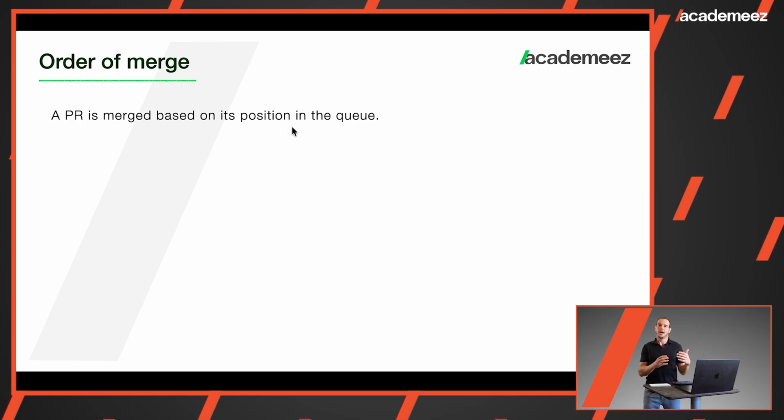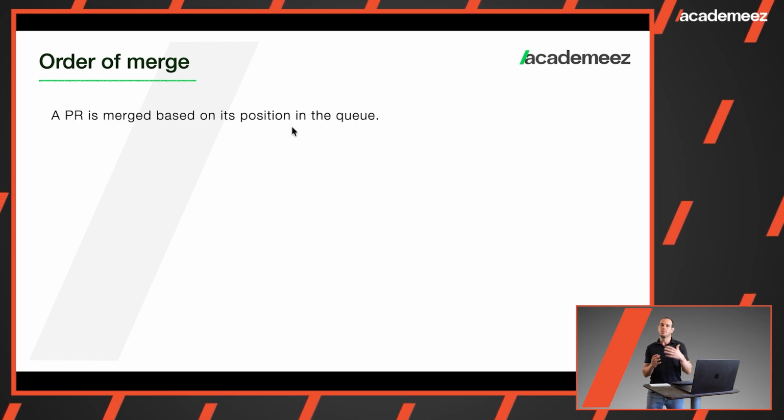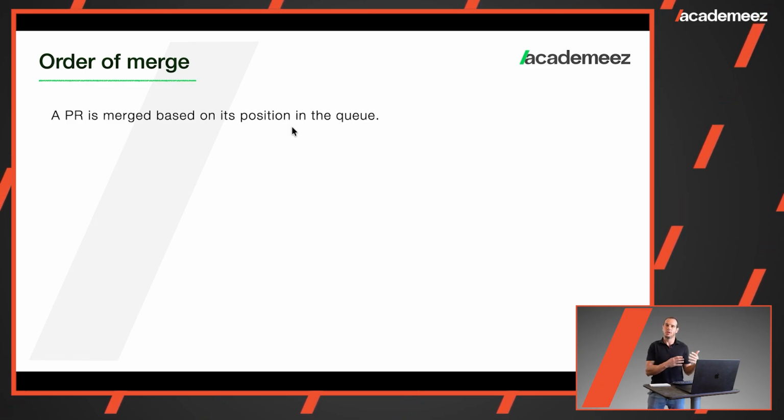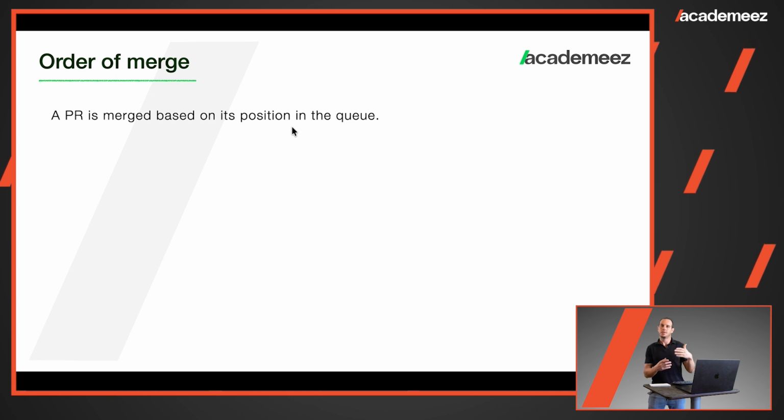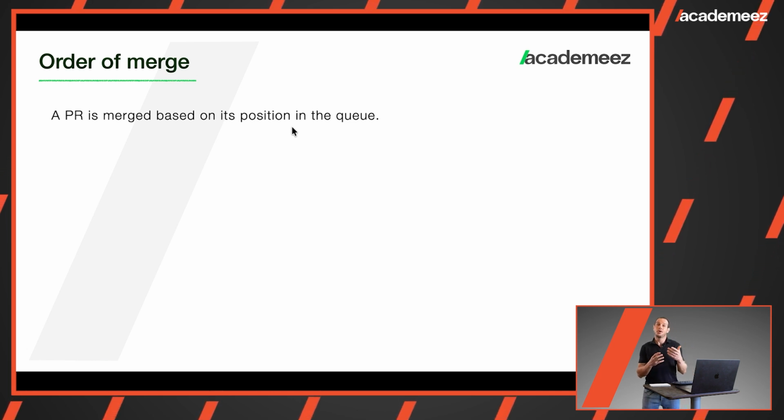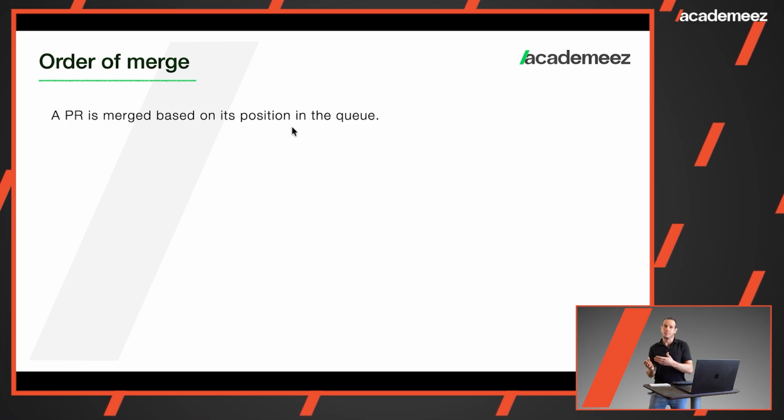Now the merge queue decides where it's going to be placed in the queue based on the time that it arrived at the queue. So maybe other PRs arrived before it in the queue, so it's not going to be first. But also PRs might be kicked out of the queue.